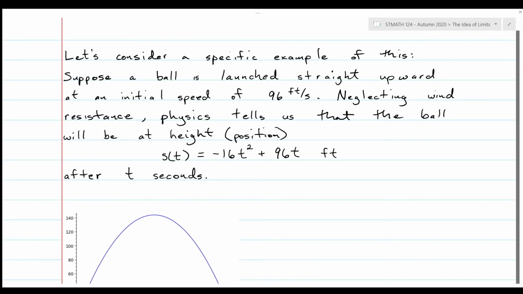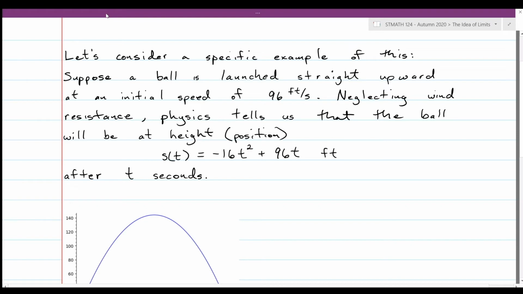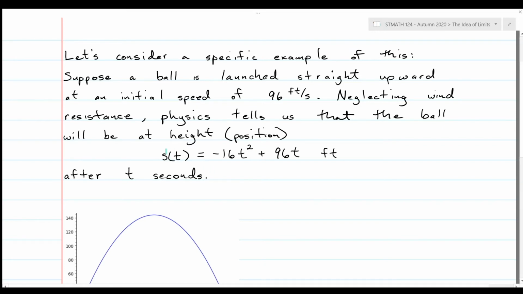So in this next example, let's suppose we have a ball that gets launched straight upward with a certain speed. In this case, it's 96 feet per second. If you neglect wind resistance, physics tells us that we can actually predict what its height would be at any particular time. It turns out, through the magic of calculus that we don't know yet, you can deduce that the position function has this formula: negative 16t squared plus 96t feet after t seconds.